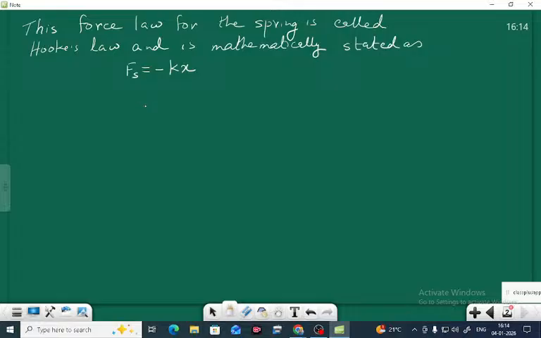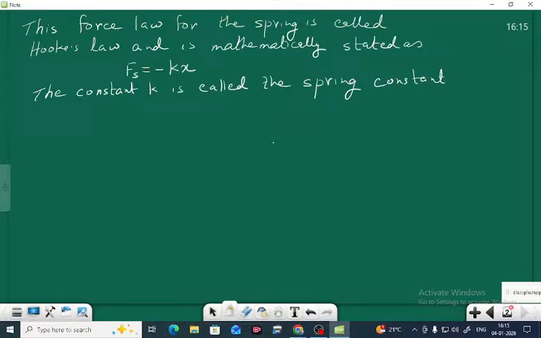The constant k is called the spring constant. Its unit is Newton per meter.